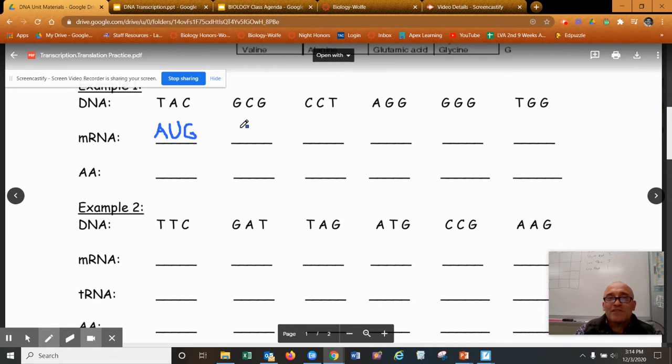And then you just continue doing that. G would be a C, C would be a G, G would be a C, this is a G, an A. This A is going to have a U, a C, C, C, A, C, C. Okay, so that's how you would do the transcription, making the messenger RNA.